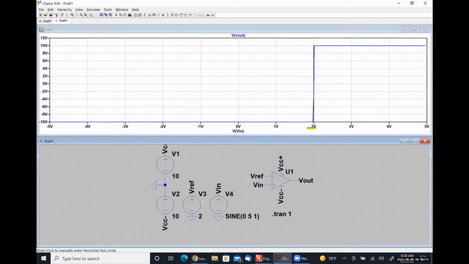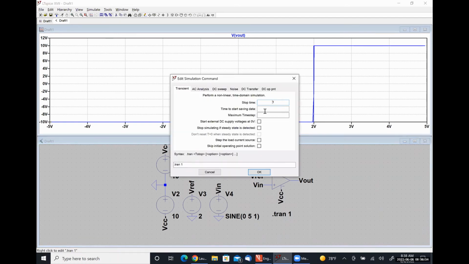And actually 1 cycle is going to cause it to go from 0 back to 0. So we're going to see a little bit more than we need. So we actually only need half a cycle.